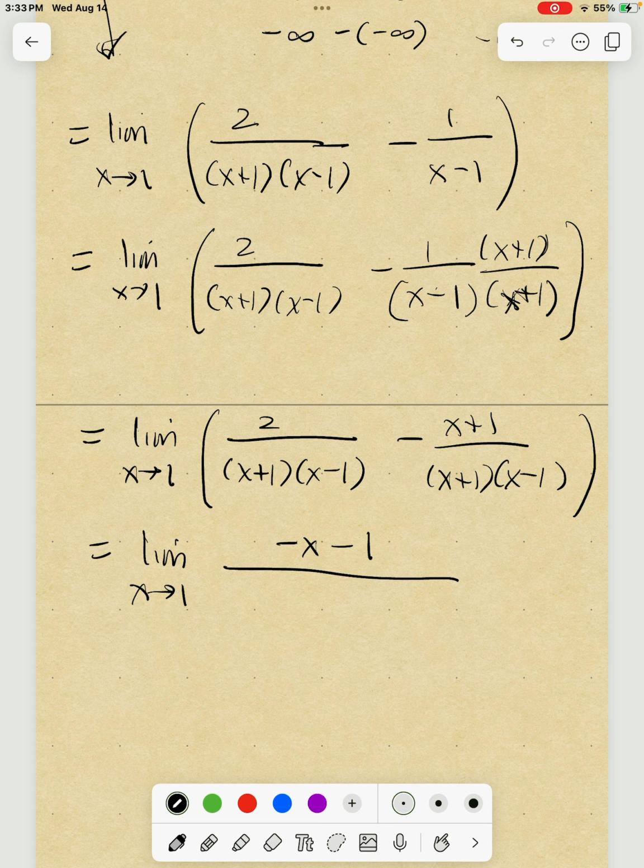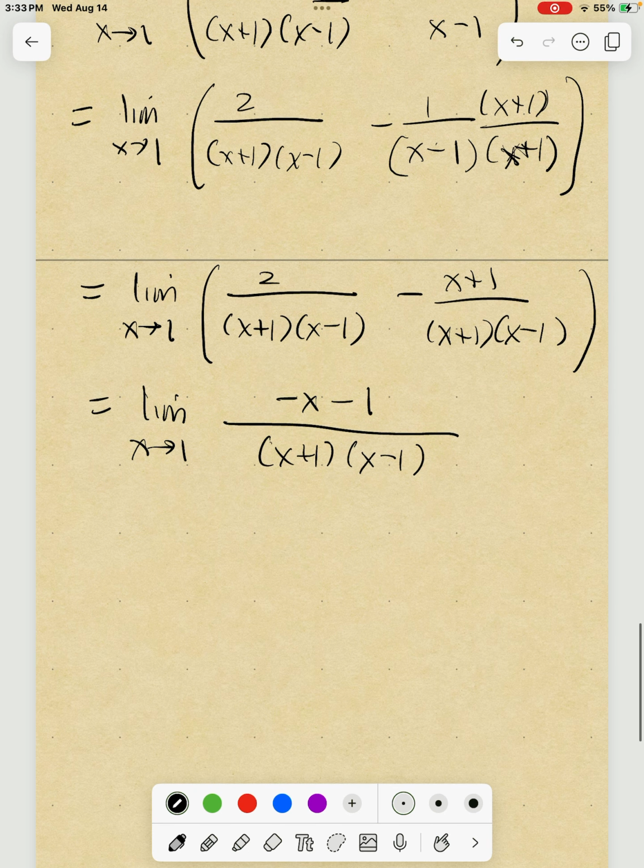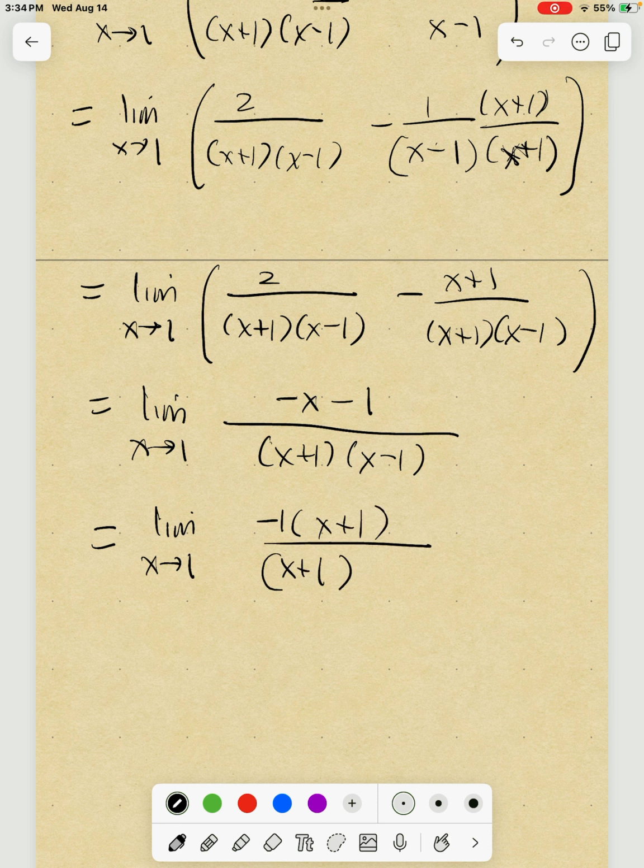Okay, so I have this, and then I have x plus 1 times x minus 1, right? And now I can factor out the minus 1 from the top. So I have minus 1 times x plus 1 over x plus 1 times x minus 1. What is going on here? This isn't right.